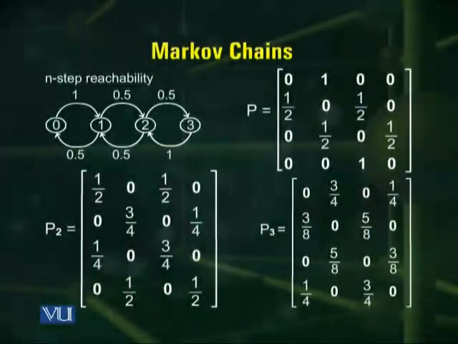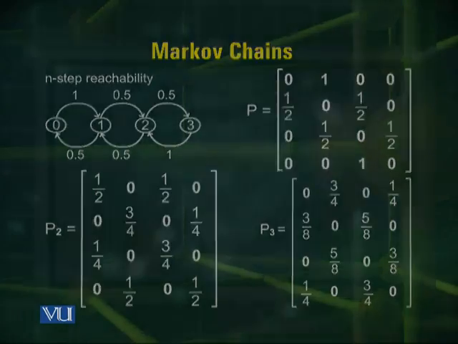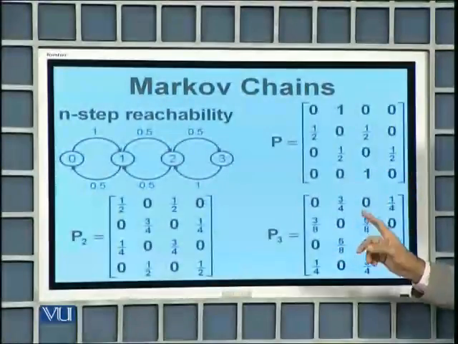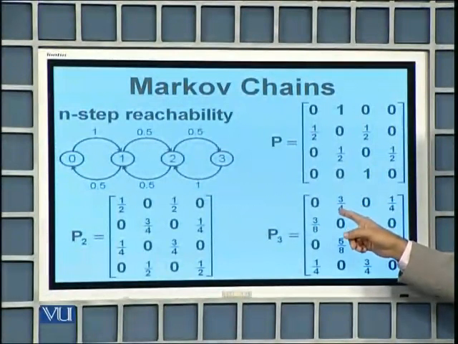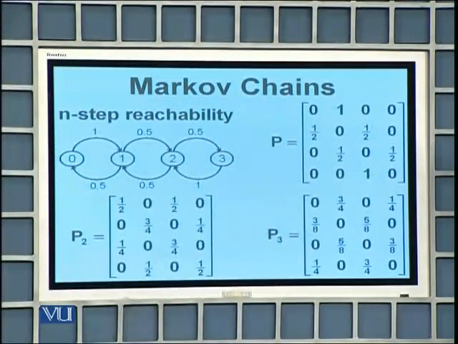The 2-step transition probability matrix is shown here, which has different values, but still has many zeros. Similarly, the 3-step transition probability matrix, which is just the third power of the 1-step matrix, shows that the values of the non-zero transition probabilities have changed, but there are still many zeros.